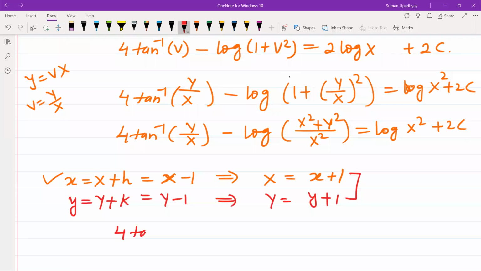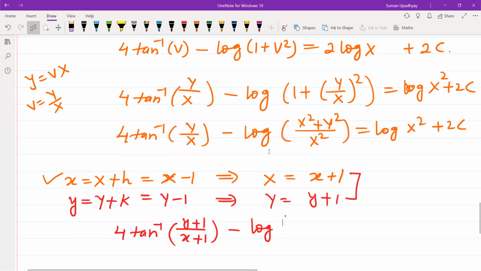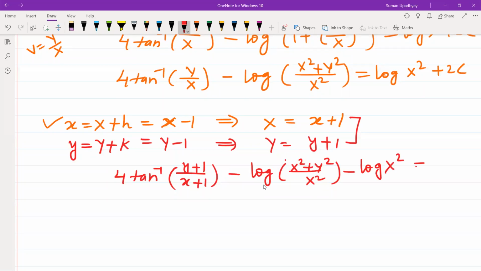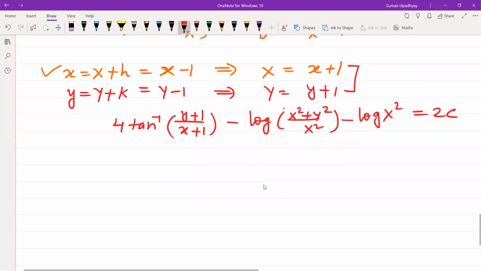So I will get 4 times tan inverse of, replace capital Y, y plus 1 upon x plus 1, minus log of, okay. Before I substitute here in log, I'll simplify it a little. Log of x square plus y square upon x square. Take this log of x square also on this side. So it will become minus log of x square is equals to 2c.